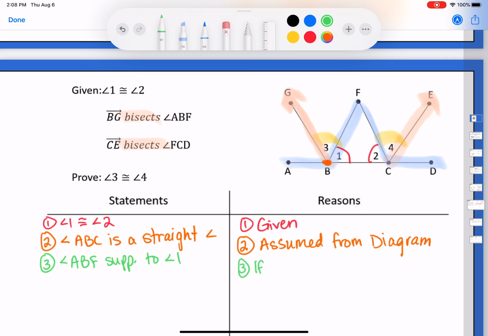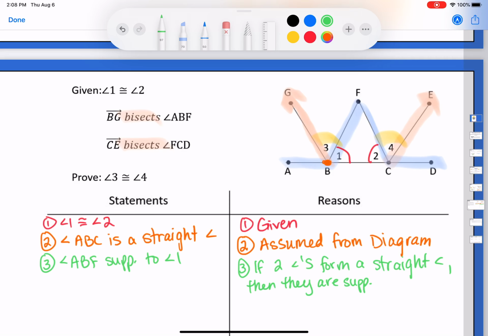If, step that has been said before, if two angles form a straight angle, then they are supplementary.